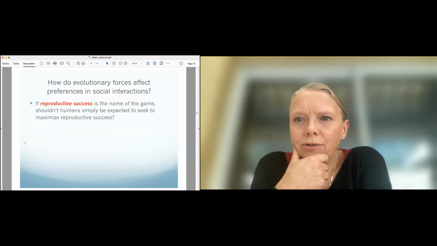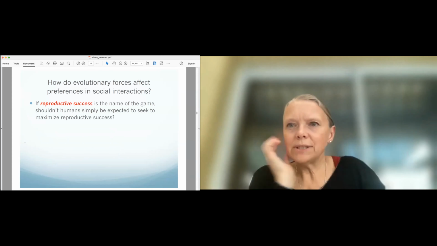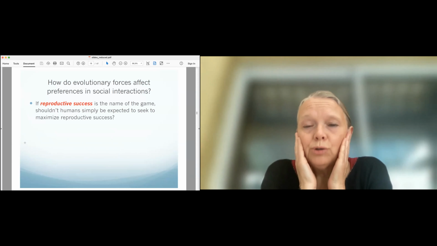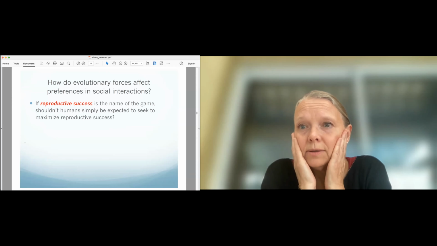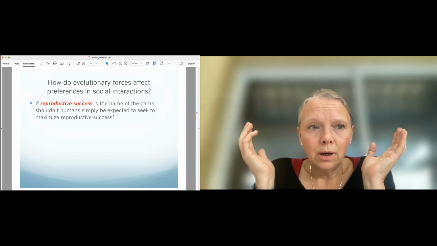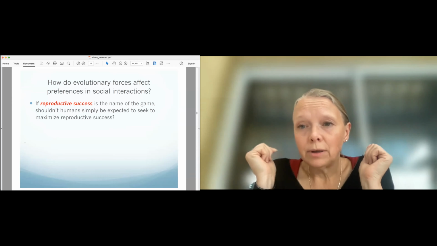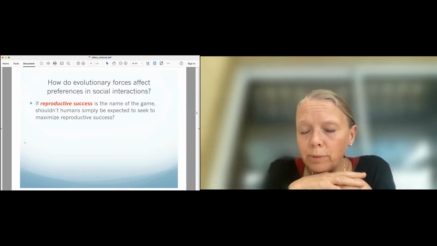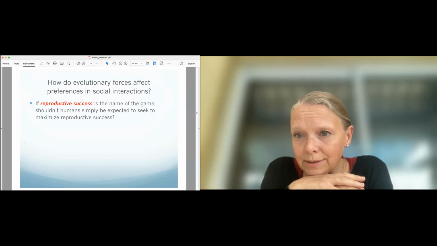So the question is really this. In some sense, reproductive success. For simplicity, human beings are very complex. Some of our preferences are determined by culture, but part of it is determined by our genetic makeup.